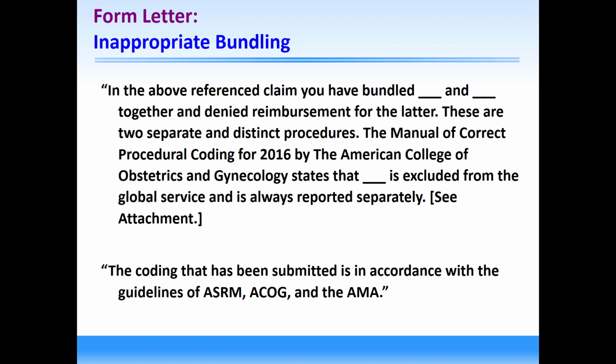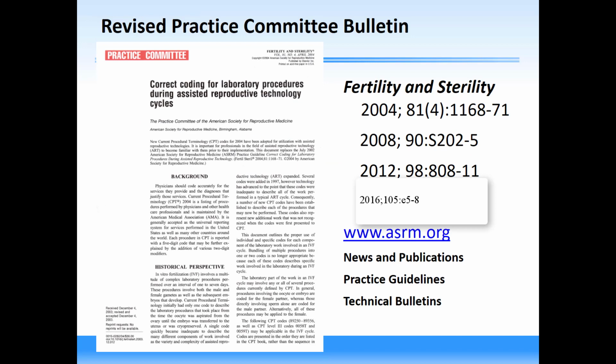If you encounter inappropriate bundling of laboratory services in ART cycles, then there's another document I want to call your attention to. So the coding committee has, every 4 years, updated a practice committee bulletin for correct coding of laboratory procedures in ART cycles. Just like the ACOG manual, we go through each individual laboratory procedure and talk about what are the included and excluded services.